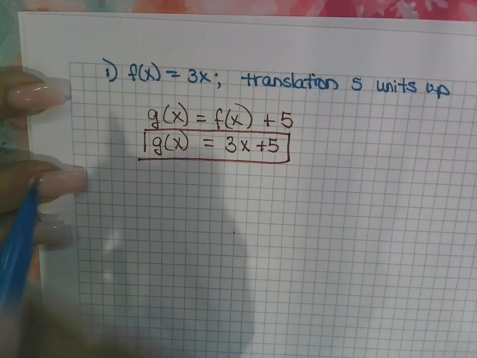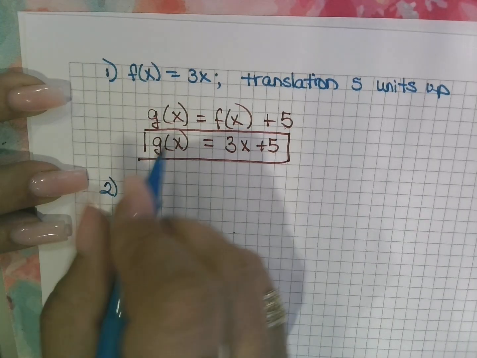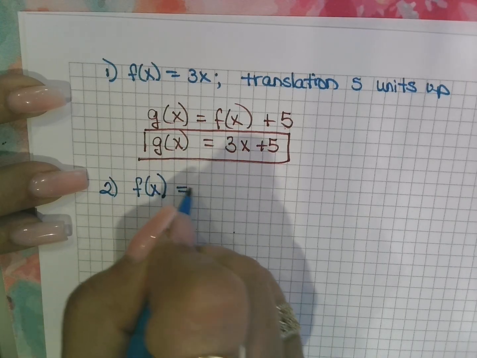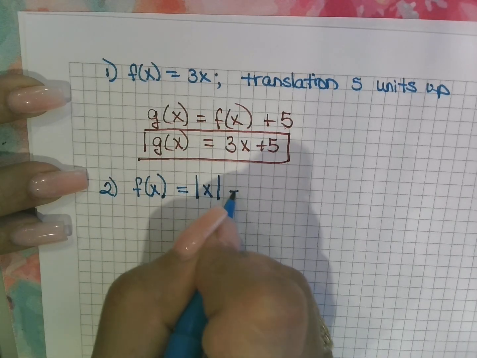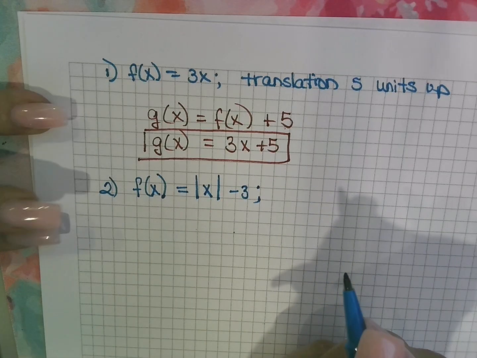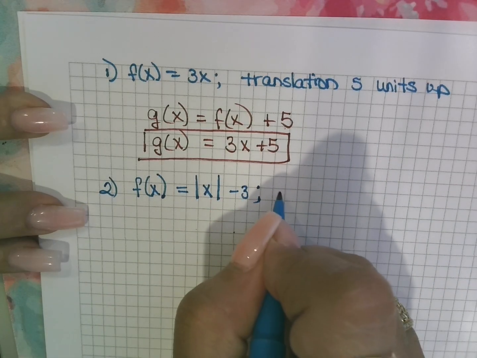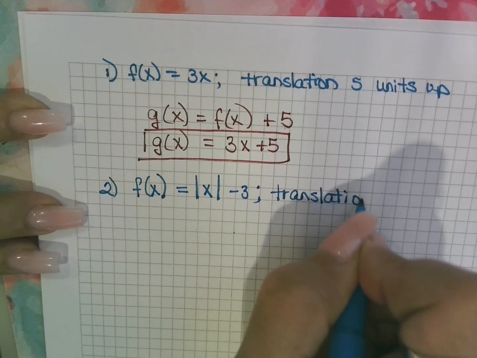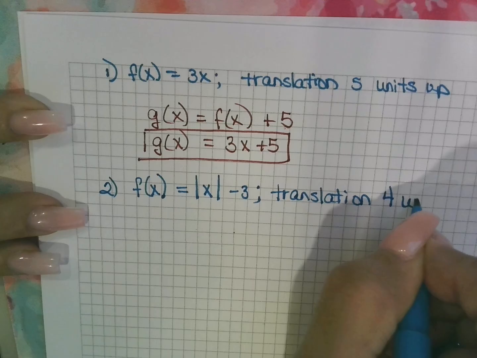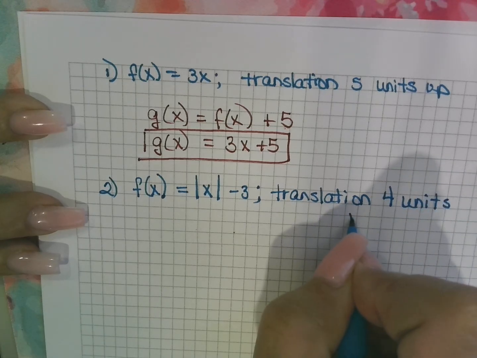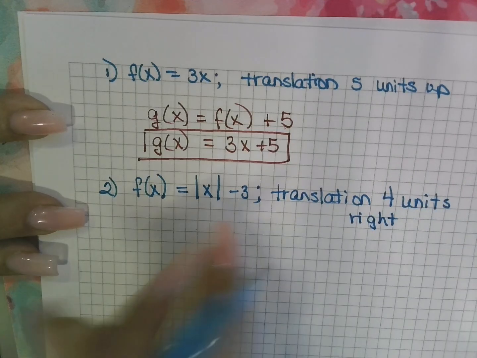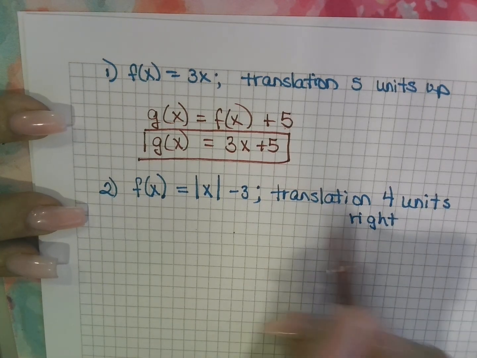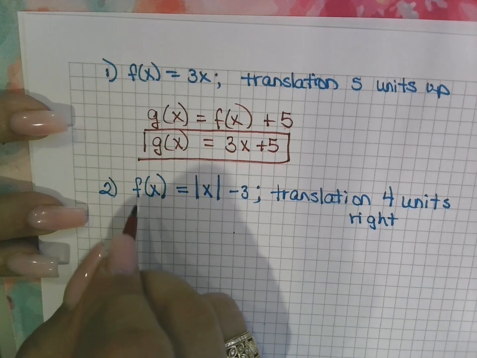All right, let's take a look at number 2. F of x equals absolute value of x minus 3. And I want you to write a function that is a translation 4 units right of this guy. All right? So now right occurs inside the function.